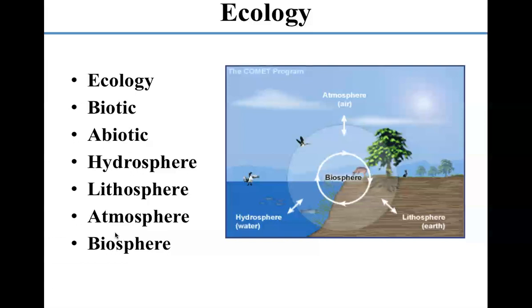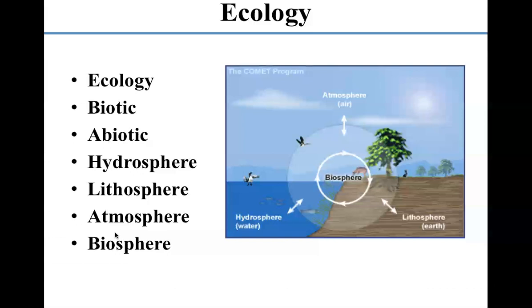Biotic versus abiotic. Biotic is all the organisms found in a particular place. The biotic is simply the living organisms that are part of the environment. The abiotic is the non-living factors of a particular place, including temperature, moisture, soil pH, precipitation, and so on.